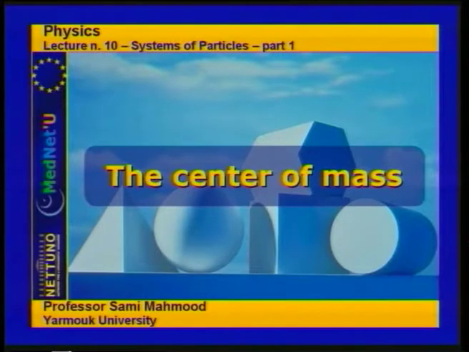And in this lecture, we start with the concept of center of mass. What is the center of mass? In the beginning, let's consider the motion of not a so simple object like a point-like object that we were discussing until now.